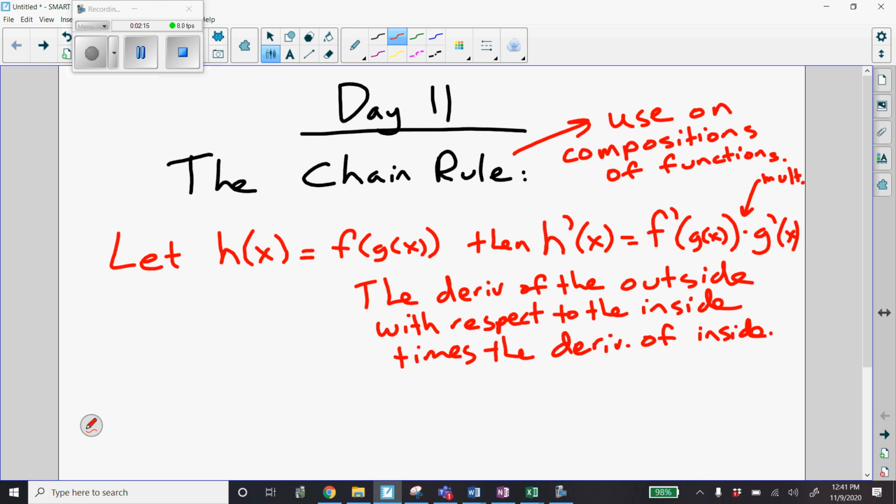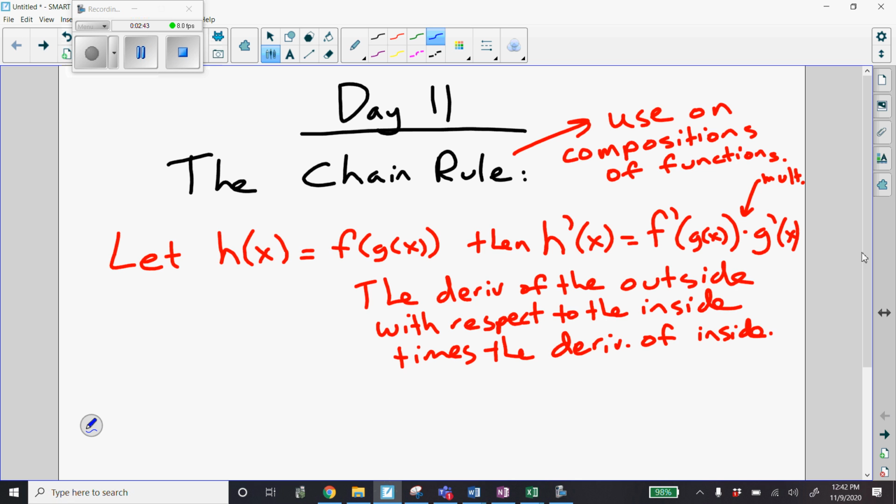Okay. So those are the words that we're going to try and make sense of with some more examples and how this works. Generally students struggle a little bit to grasp the concept of the chain rule and execute it properly. But the more you practice it, the easier it'll get.